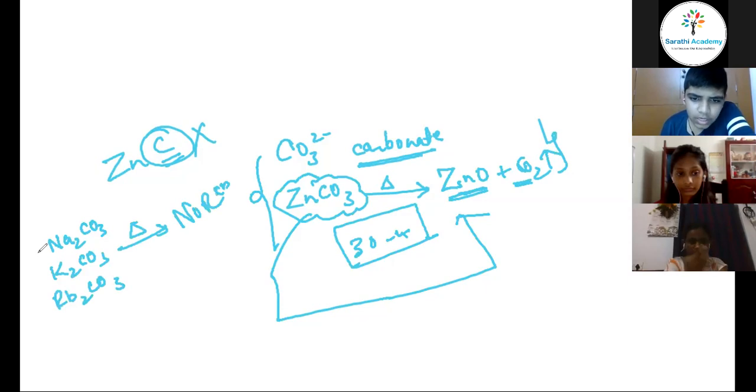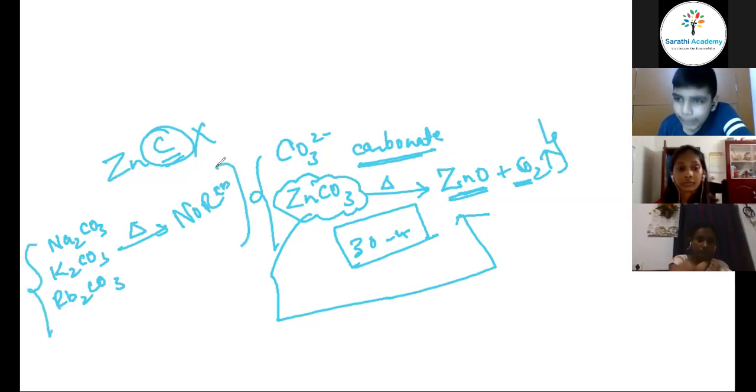Sir, I have a doubt. Metal carbonates are acidic in nature. No, not always. Metal carbonates are actually basic in nature. Sir, it was given in the NCERT text that metal carbonates are acidic in nature.